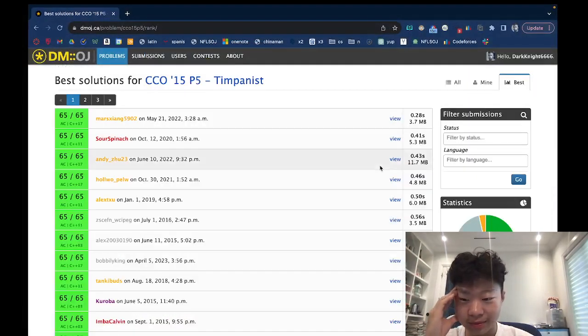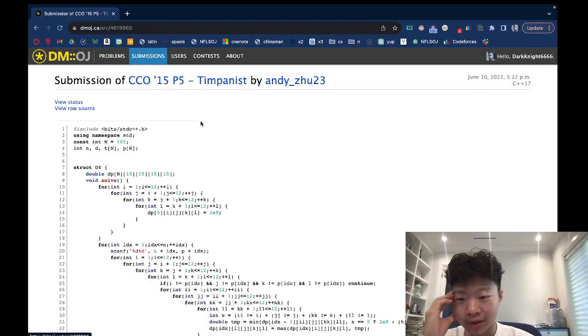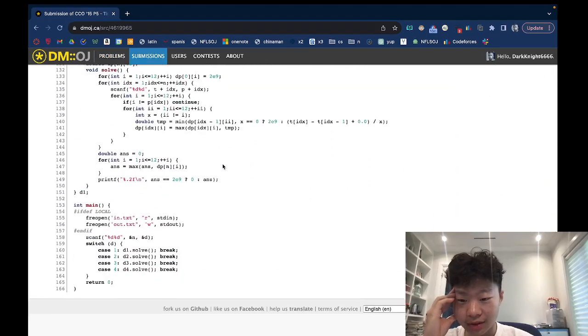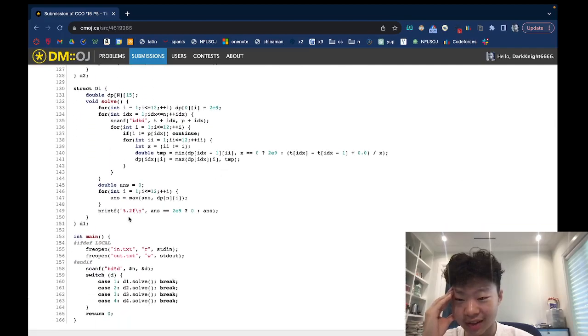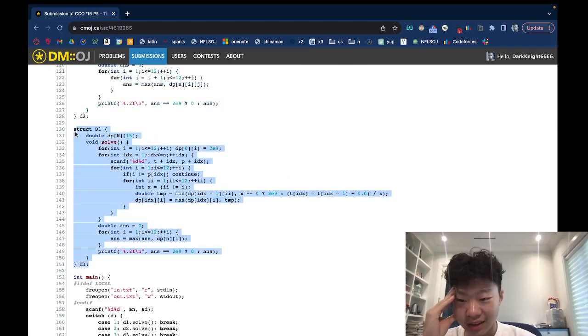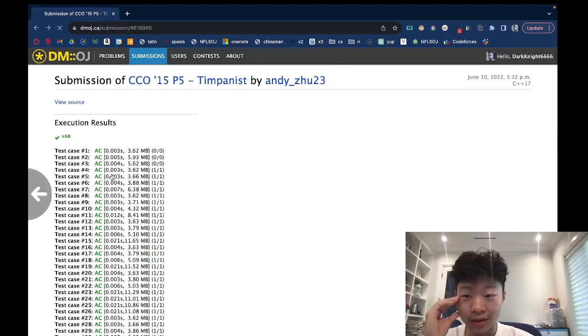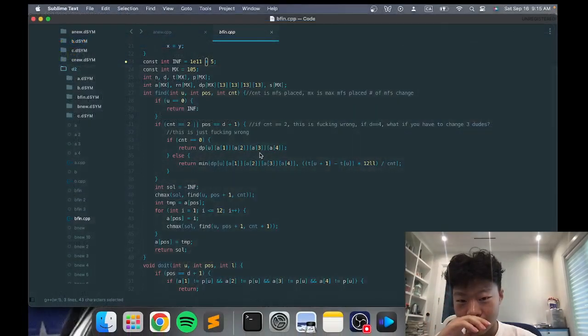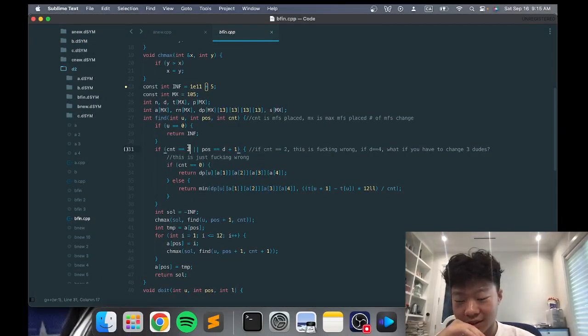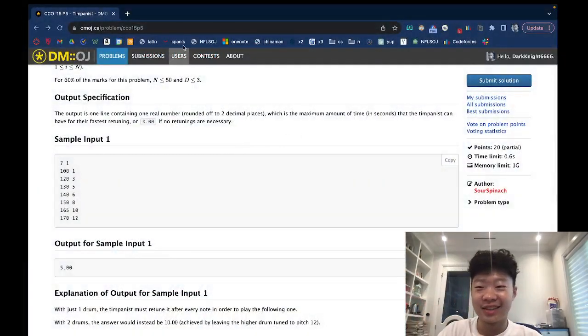Let me, where's Andy's code? Yeah, he's my goat. Okay, yeah, this is horrendous. You basically just have to write a bunch of nonsense. My code could be hacked because it only changes 2 drums at once. But it still passed, so okay, whatever.